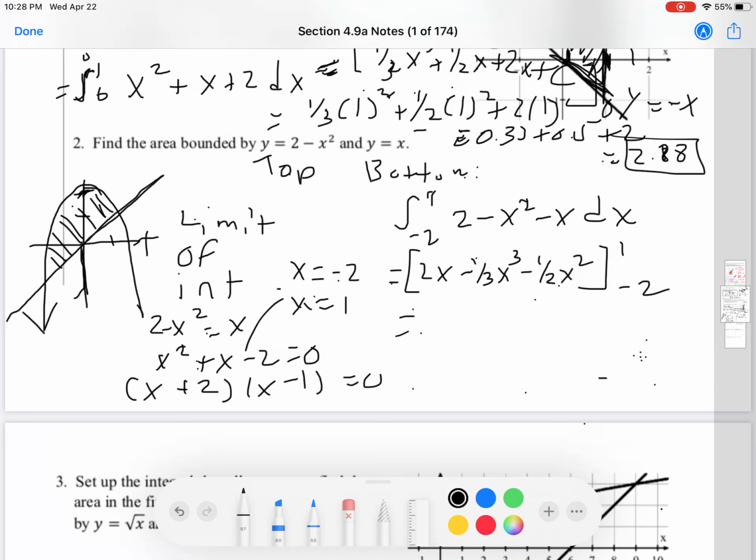I'll just tell you what you should get with your plugins. If you're plugging in 1, you should get 2 minus a third minus a half. So that's about 1.16, maybe 1.17 or so.